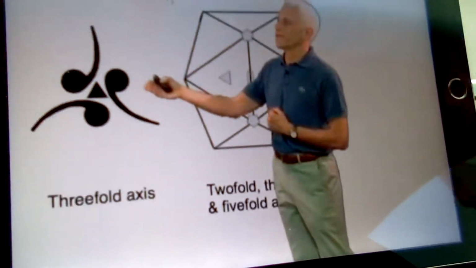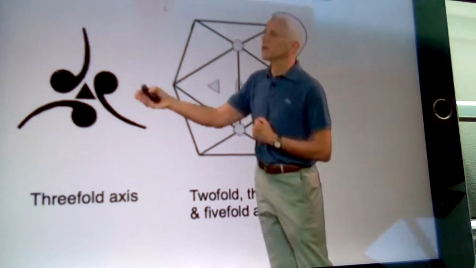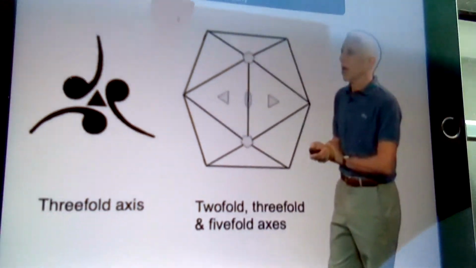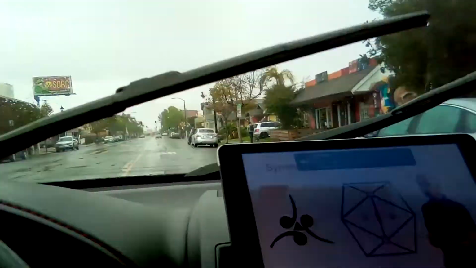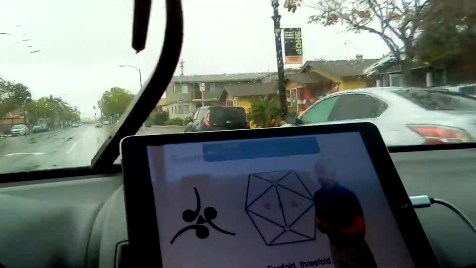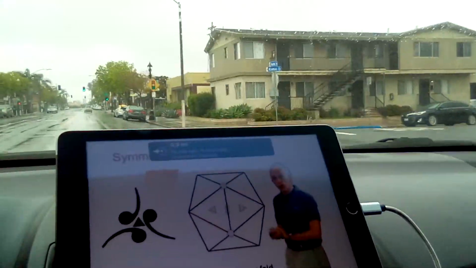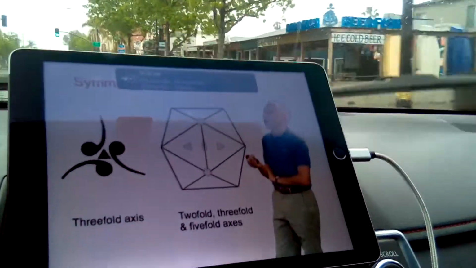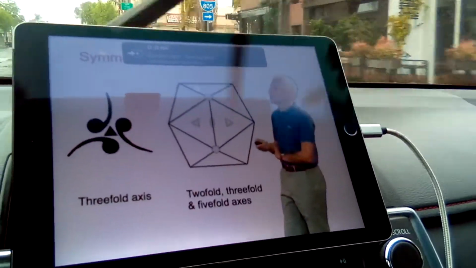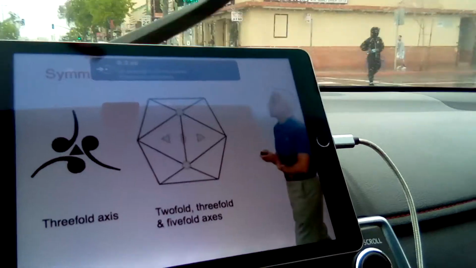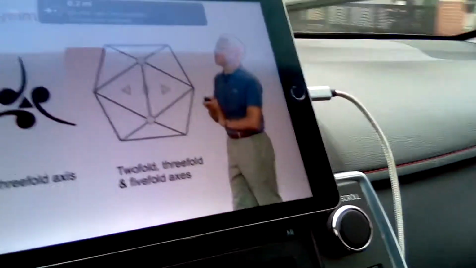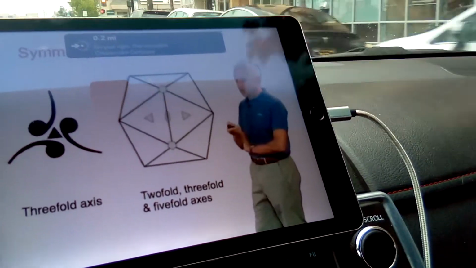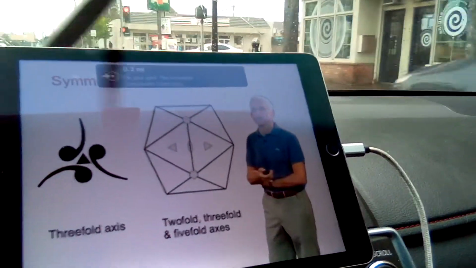In this case, if you rotated this figure by 120 degrees about the axis represented by that triangle, and you closed your eyes while you did it, you wouldn't realize that you had done the rotation. That's called a threefold axis, and as you can imagine, symmetry of more complicated objects can have other symmetry axes, and so the icosahedron, we'll come back to that in a minute, represented on the right, has fivefold axes, threefold axes, and twofold axes.